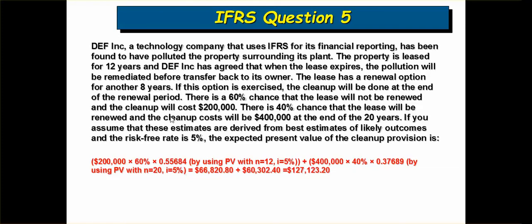If they wait for the 20 years, it's going to be $400,000 at the end of 20 years. So it's either $200,000 or $400,000. So they're trying to figure out what to use for the cost of this cleanup. $200,000 would be if they don't renew. There's a 60% chance that they won't renew. So $200,000 times 60%. Now we're going to use table 6-2, a present value of a single sum, right?